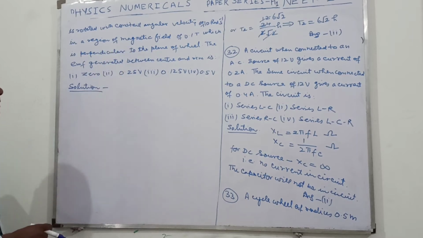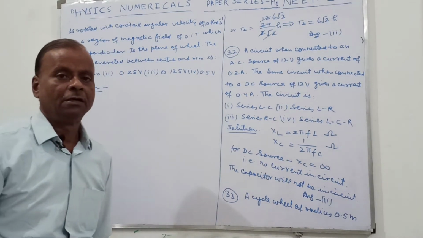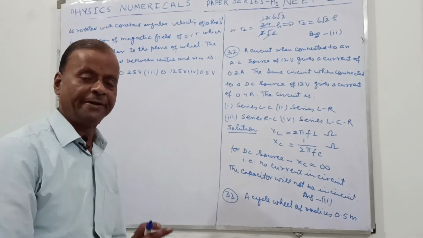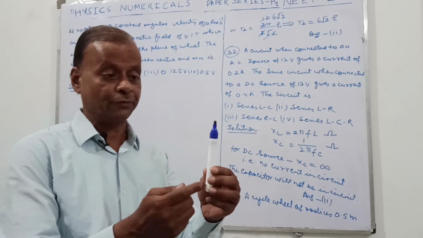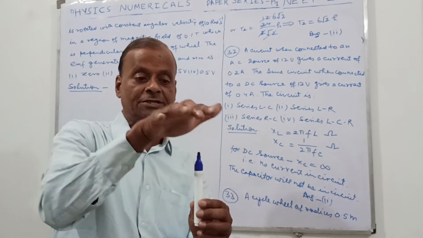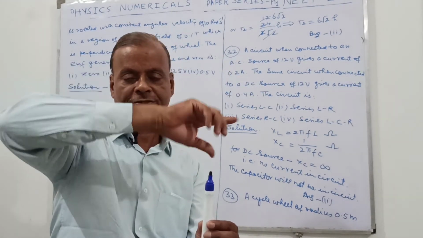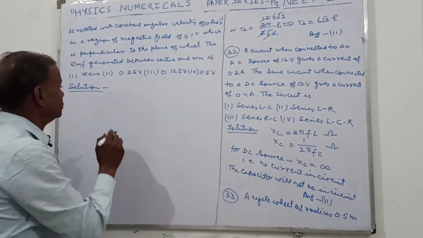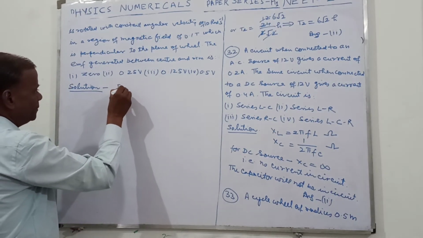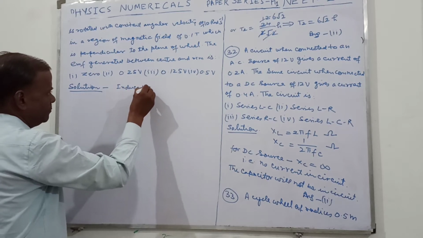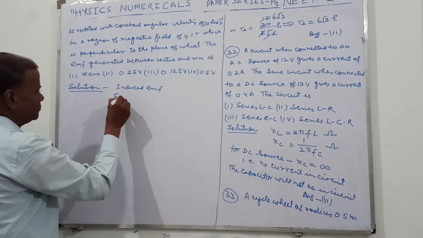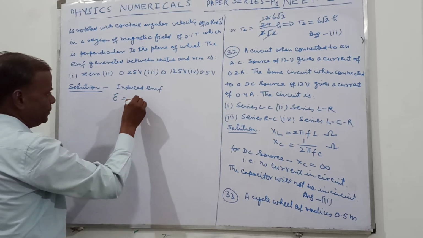You know that the wheel is just like a disc that is rotating in the magnetic field perpendicular to it. So this is suppose the magnetic field, this is the wheel. Then this is being rotated like this or like this. So the induced EMF E equal to BAF.